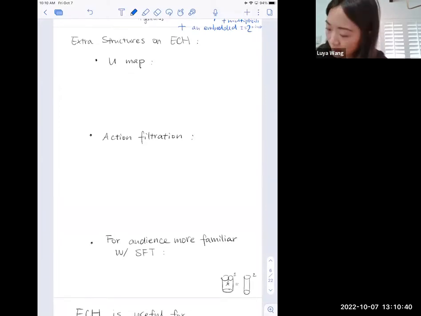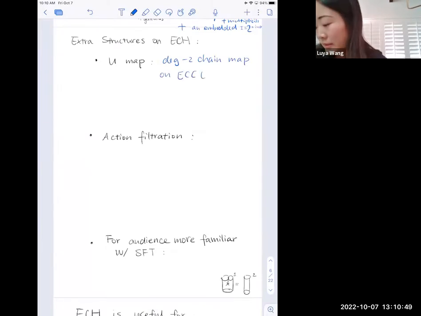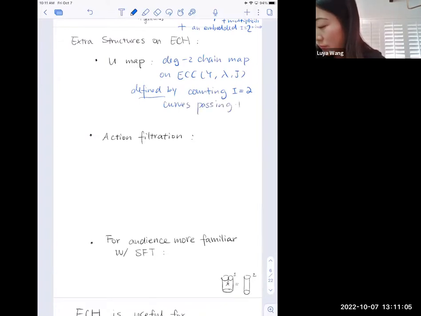The ECH U map is a degree -2 chain map on the ECC complex defined by counting ECH index 2 curves passing through a generic base point, let's say (0, z) in R cross Y.